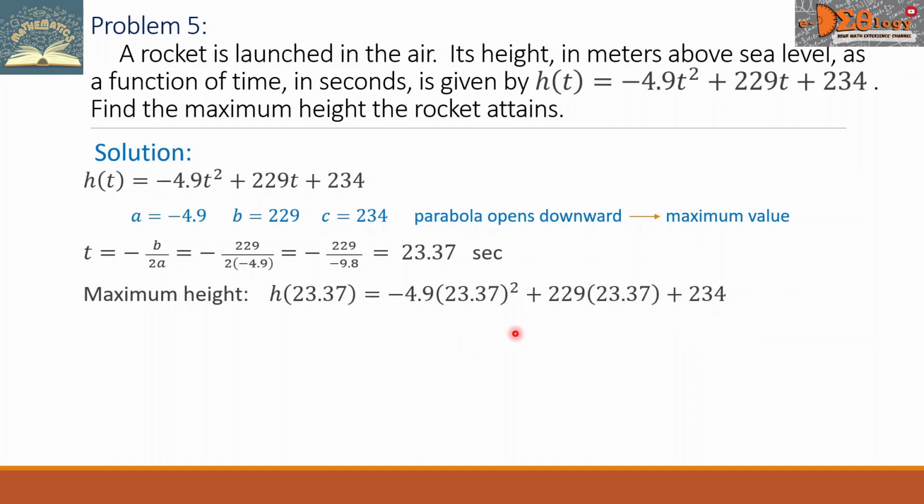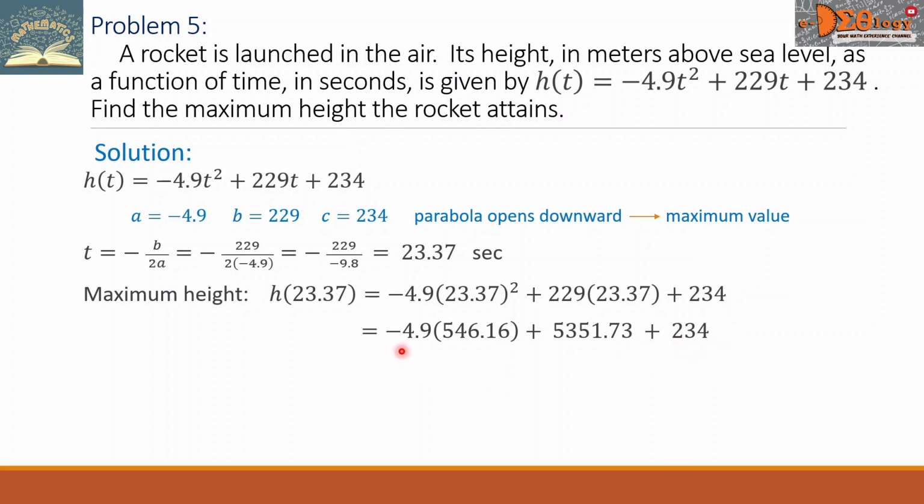Let us now simplify. The square of 23.37 is 546.16. The product of 229 by 23.37, we get 5,351.73. Then we copy plus 234.